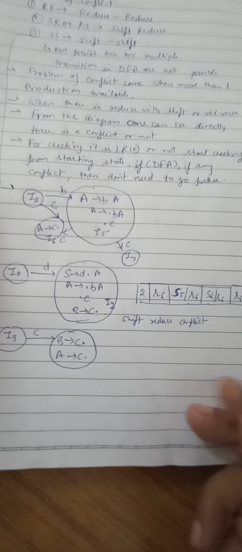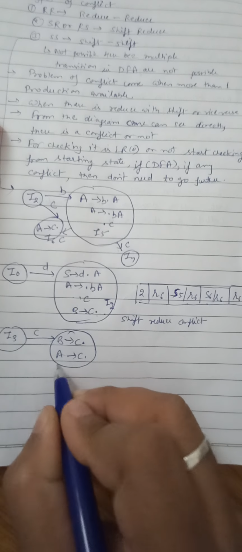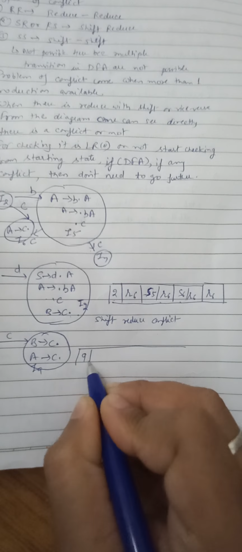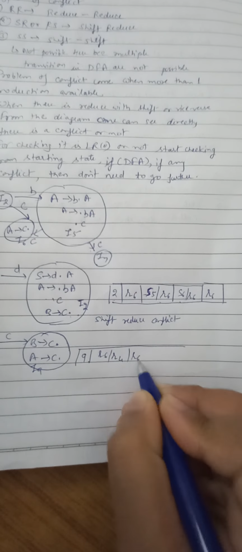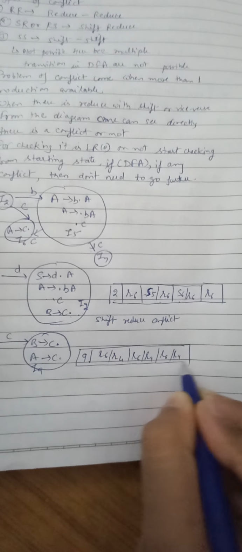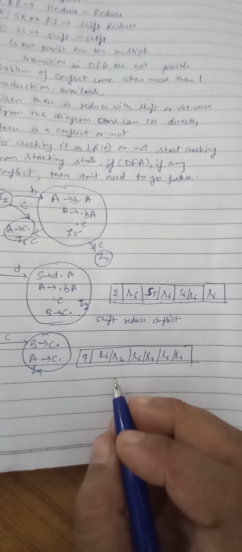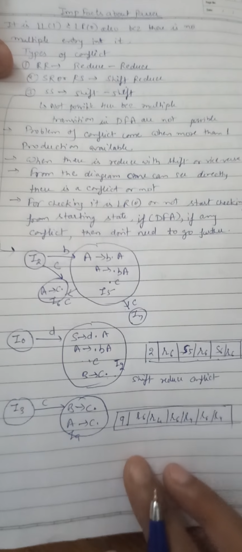These will go to state 9, I9. I'm writing the state number, and because of two reductions, the entries will be R6 R4, R6 R4, R6 R4 like that. So this is also a conflict. So these kinds of conflicts can come.